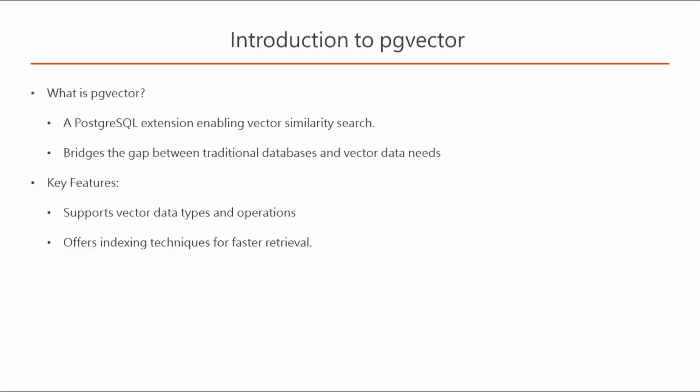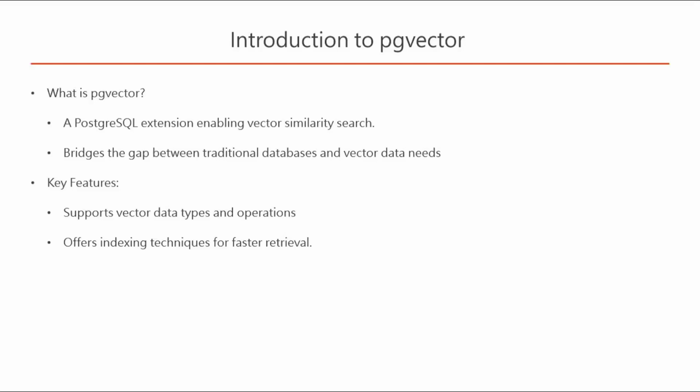So the point we want to present today is PG vector. What is PG vector? PG vector is a Postgres extension that enables vector similarity search, and PG vector bridges the gap between traditional databases and vector data needs.